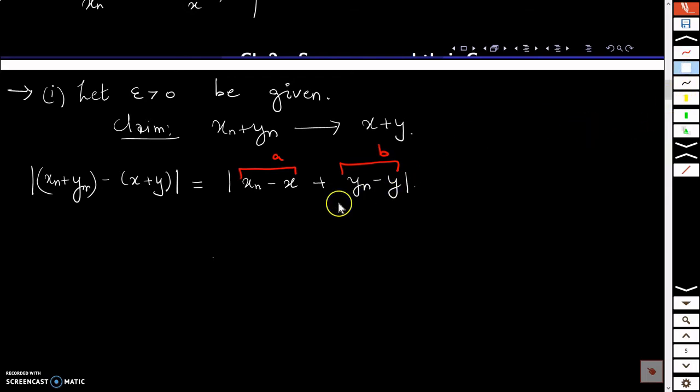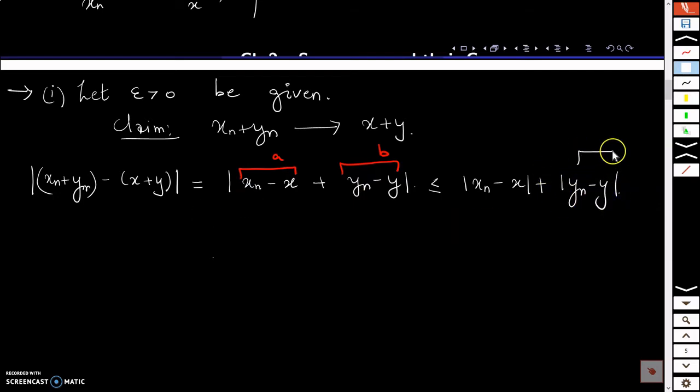So the triangle inequality will come into picture here, and by applying the triangle inequality, this will be less than or equal to modulus of a, that is modulus of xn minus x, plus modulus of b, that is yn minus y, right?